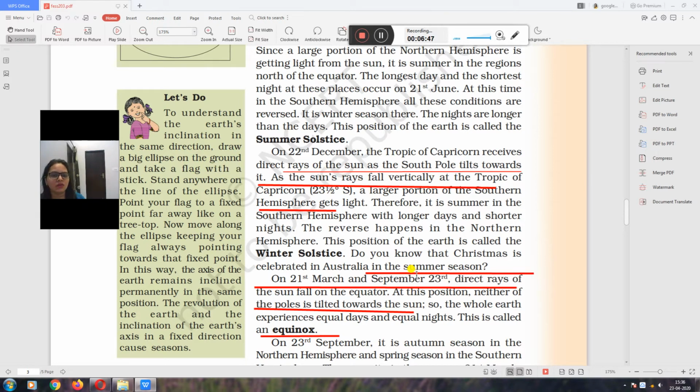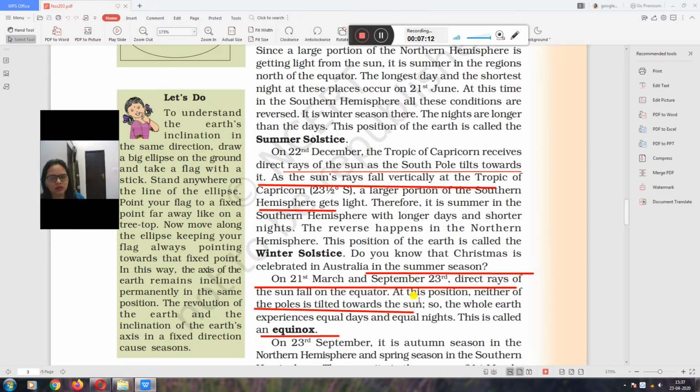On 21st March and 23rd September, remember these dates, direct rays of the sun fall on the equator. At this position, neither of the poles is tilted towards the sun.